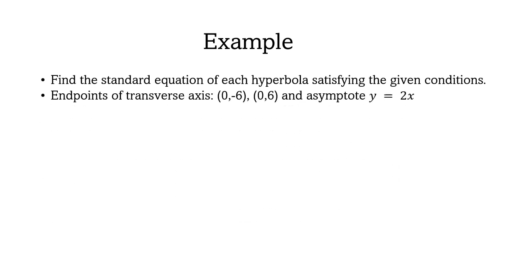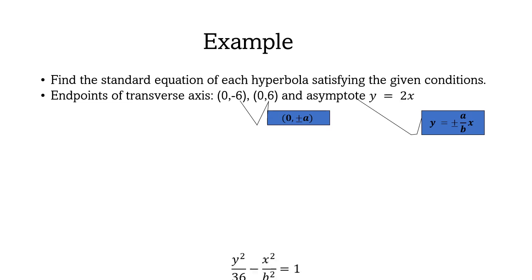Now we have the endpoints of the transverse axis, and we have an asymptote. So first of all, we know the equation of the asymptotes is y equals plus or minus a over b x. And we know that this is my a. So first of all, we know something. Now we need to find b squared.